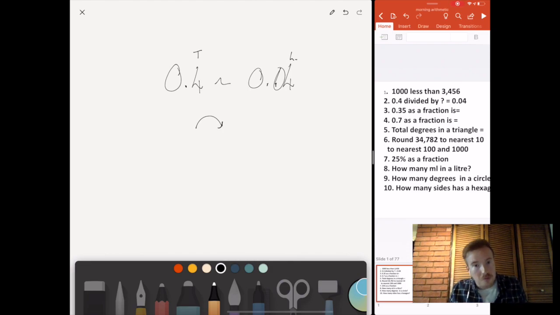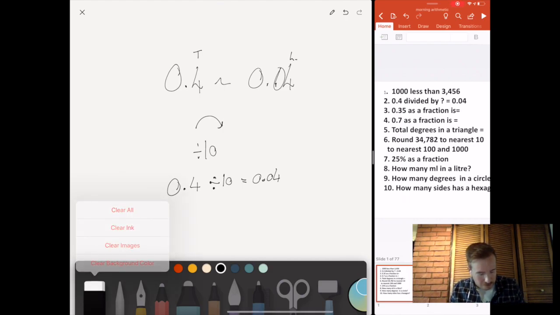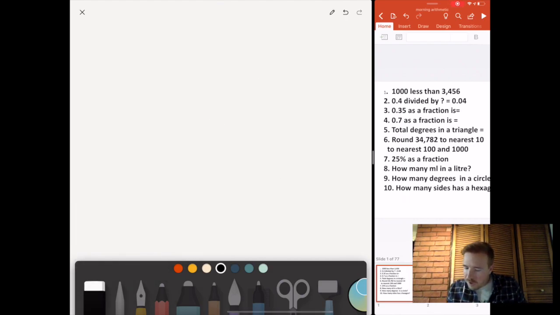If we're moving place value columns left or right, we're multiplying or dividing by 10, 100, 1,000, a power of 10. It's moved one place value column to the right, so you're going to divide by 10. You take 0.4, divide that by 10, and you get 0.04. Nice and straightforward again, I hope.